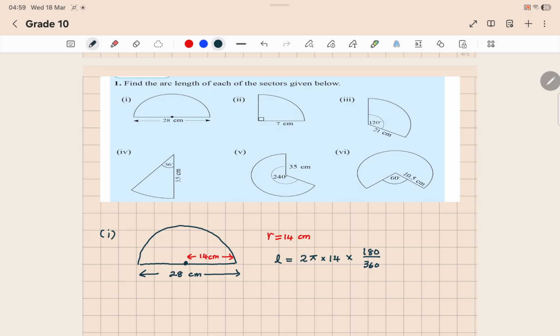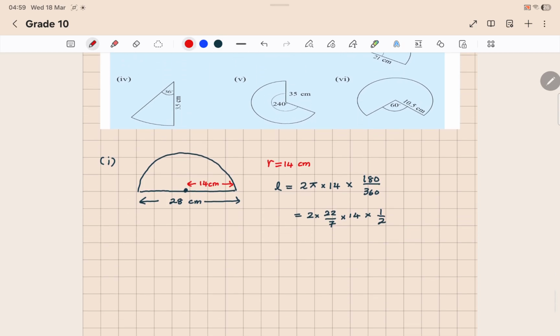Now simplify: 2 times 22 over 7 times 14 times half. 7 and 14 cancel, 2 and 2 cancel, so you get 44 centimeters.